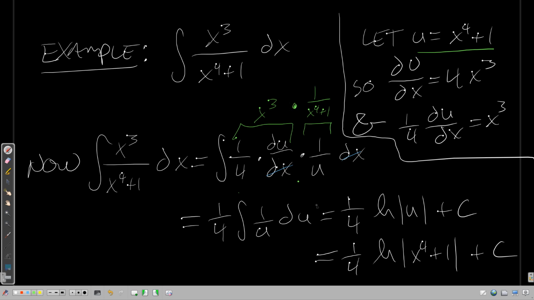And they are multiplied. But the dx's cancel, and the constant comes out front, and then you're just integrating 1 over u du, which definitely integrates to 1/4 natural log absolute value of u. And when you back substitute, interchanging the u for what it was in terms of x, you get this.